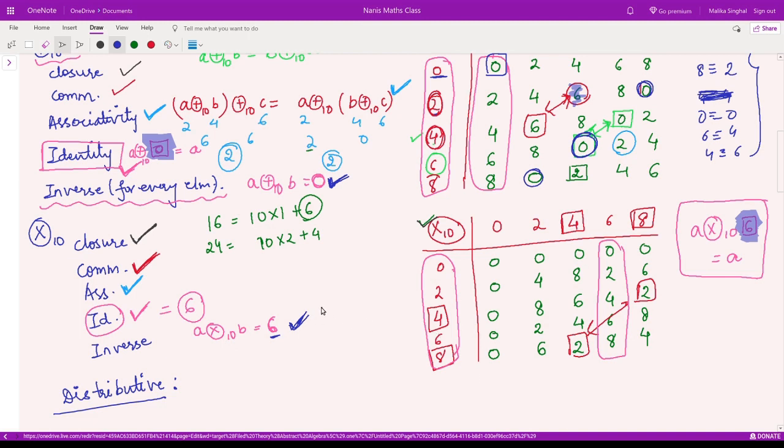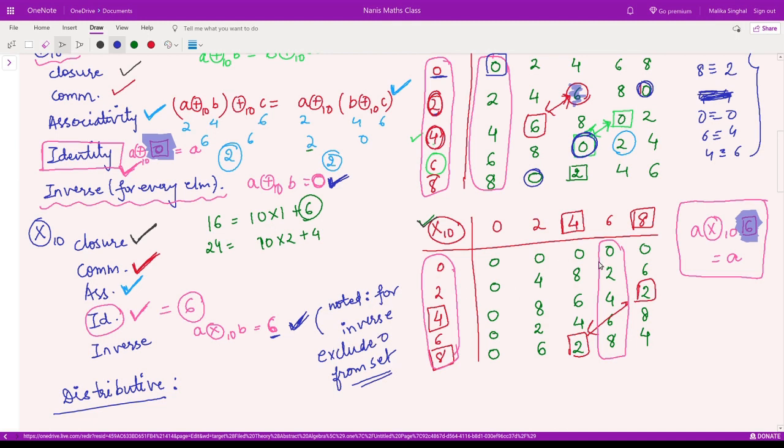The inverses here, one thing is to be noted that for inverses, you should exclude 0 from the set. So the inverse should not be obtained for 0 when we are talking about multiplication, right?